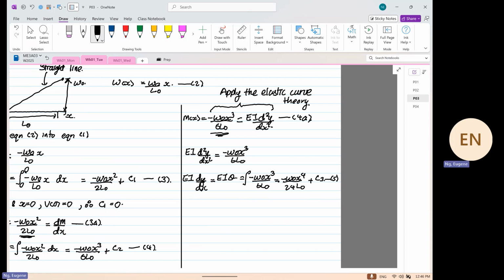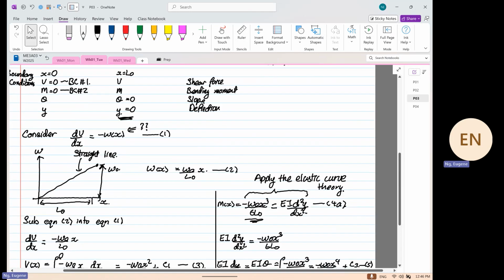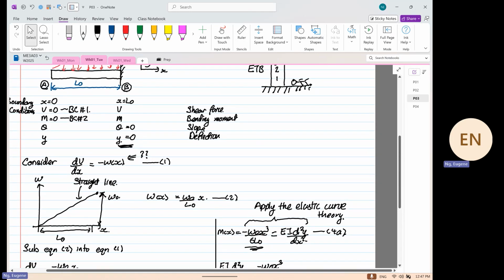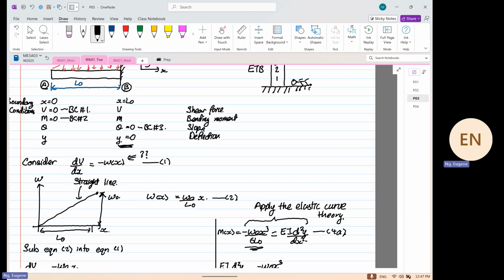So now, again, we have to solve for C3, and there's a way that we have solved for C3. This is where we have what? Boundary condition number what? Number 3. When you were doing math, the boundary conditions were given to you. Yes or no? Right? We were given the boundary condition in math.